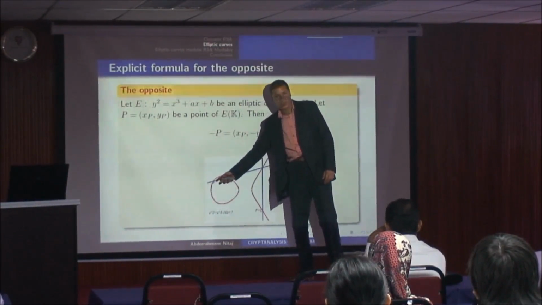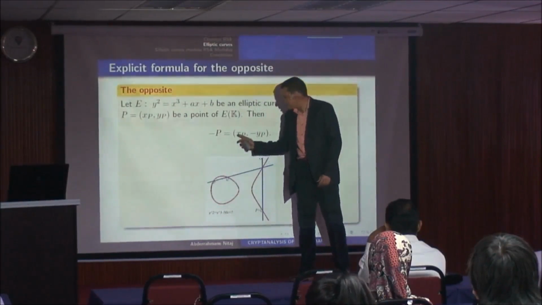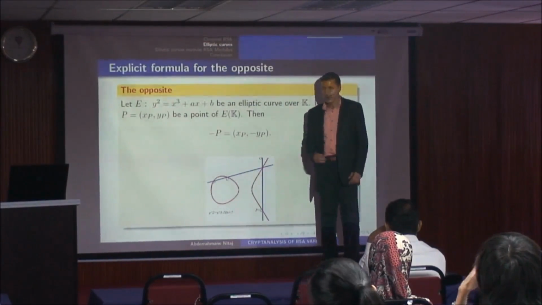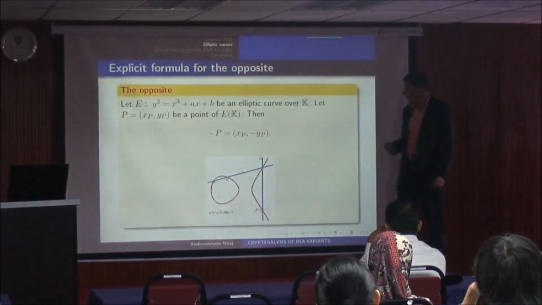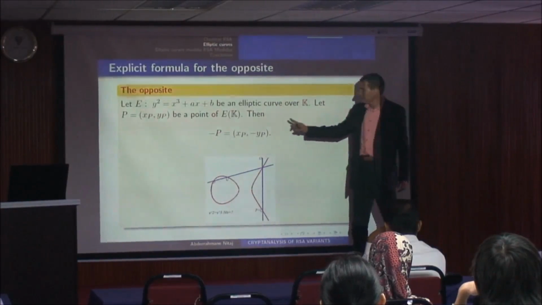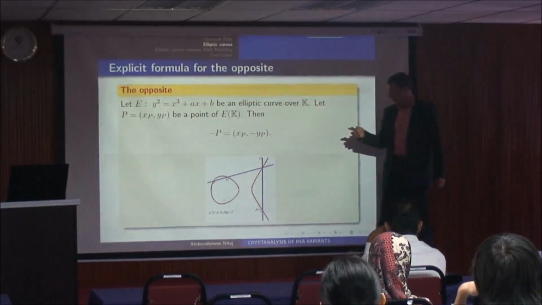So the opposite of P will be in this place. You can see that they have the same x and the opposite y. This is the slide, but it's very easy to see. You can find that minus P is xP and minus yP.